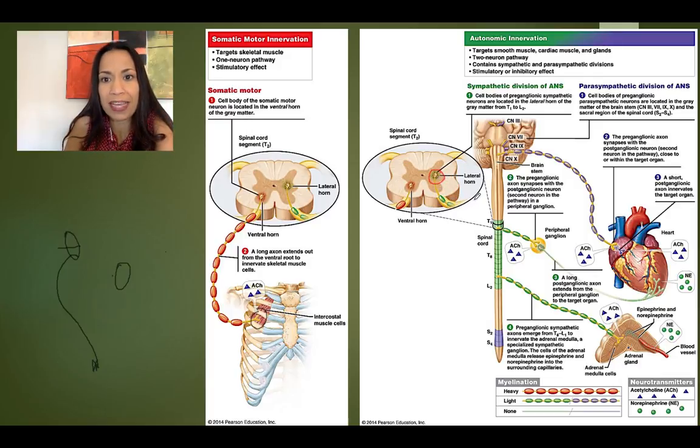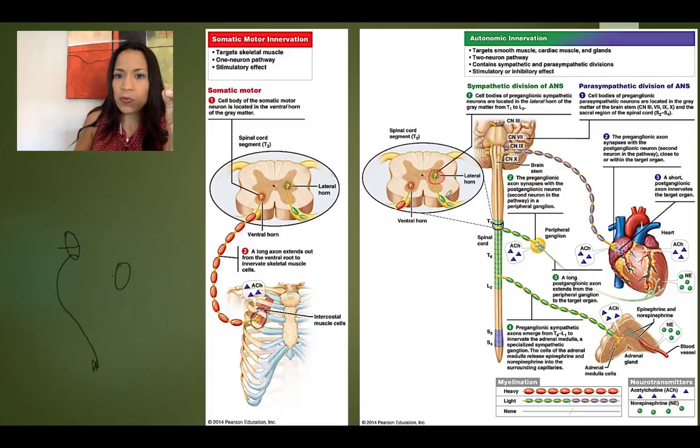These fibers exit the spinal cord, we can see them here, see? And they're going to reach a target organ. But remember, the target organs of the autonomic nervous system are not skeletal muscles, they are smooth muscle, cardiac muscle tissue or glands, okay? So let's see how this motor fiber is going to reach those organs.